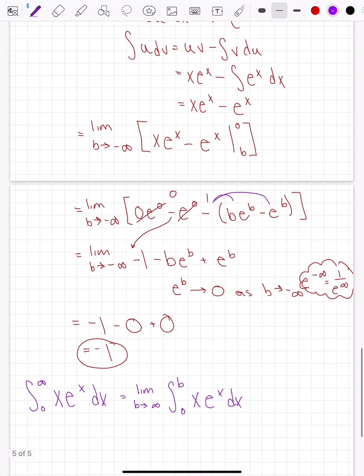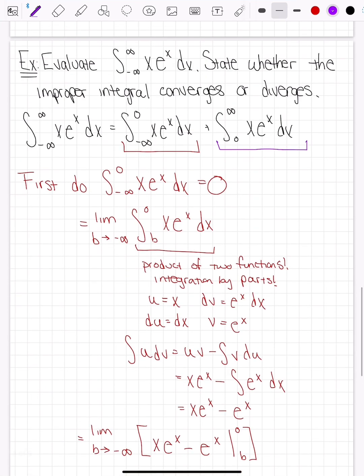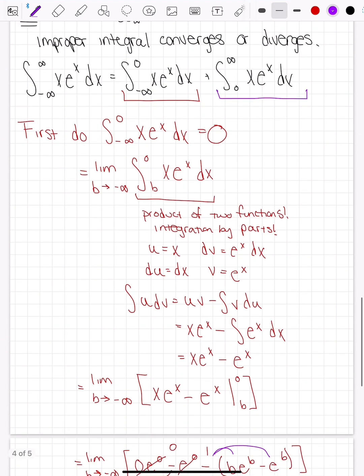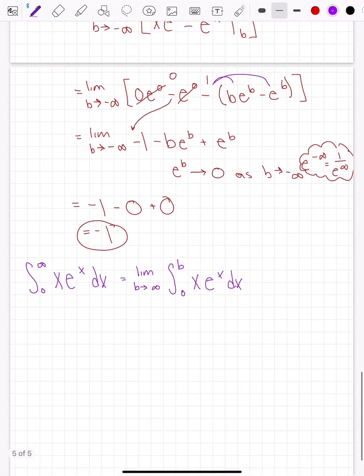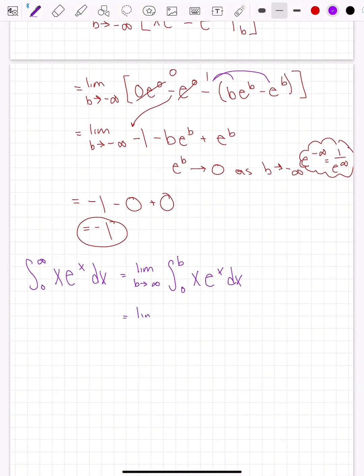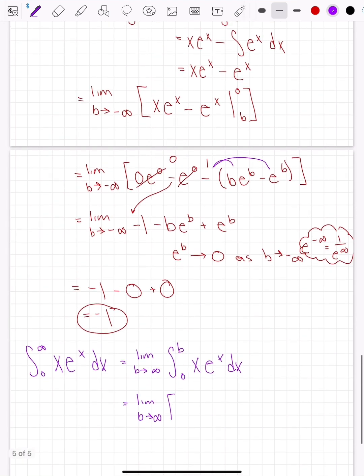The only thing that changed between this integral and the first integral is the bounds, so we can use this. It's the same integral we're finding, so we're still going to get this answer here. So this is equal to the limit as b approaches infinity of x e to the x minus e to the x, and then we plug in 0 and b.